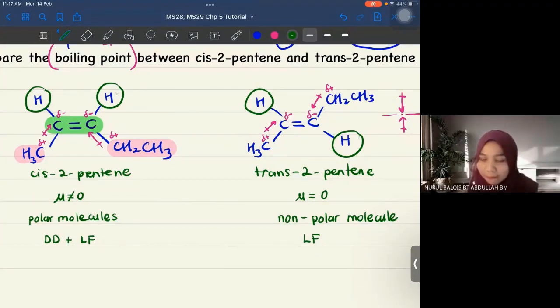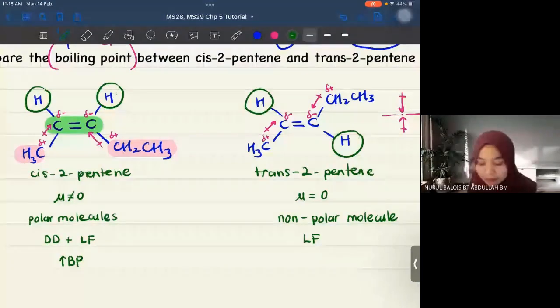Jadi what will happen to boiling point? Who's got higher boiling point, cis or trans? Cis. Cis-2-pentene got higher boiling point, just slightly higher sebab diorang punya size sama, diorang punya surface area pun lebih kurang, cuma dia the polarity sahaja. So ini adalah lower boiling point.